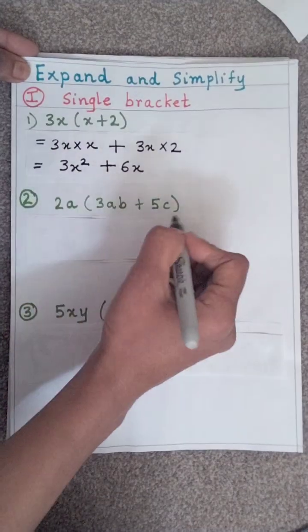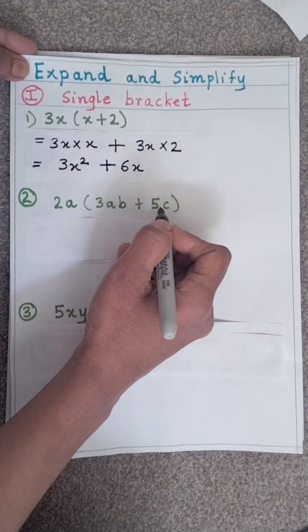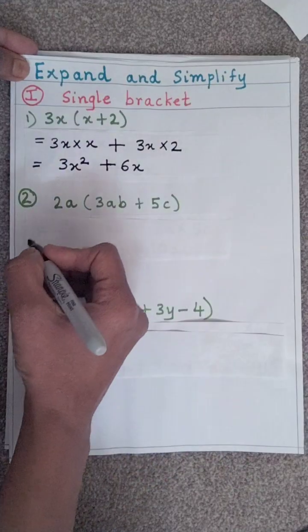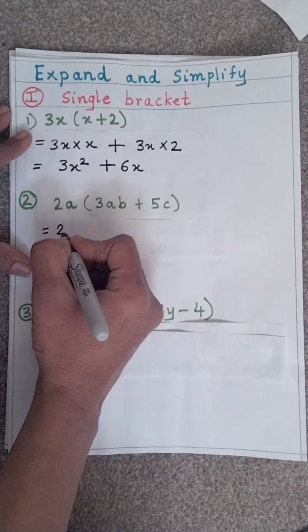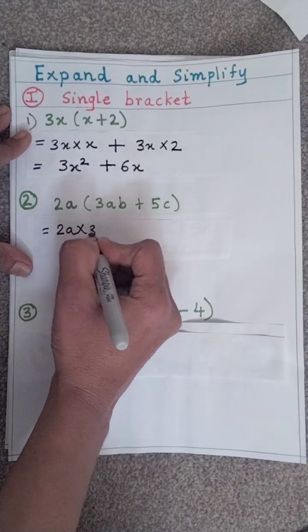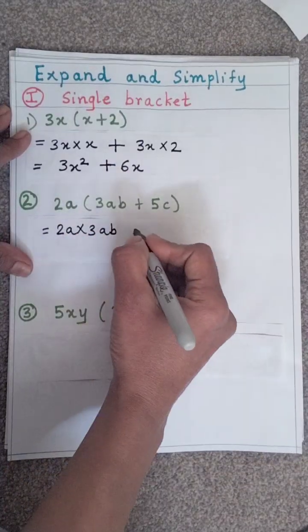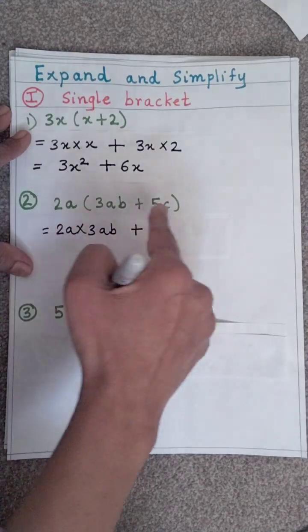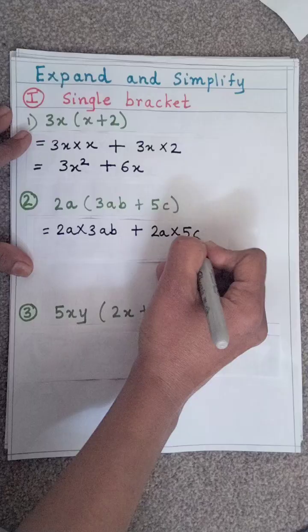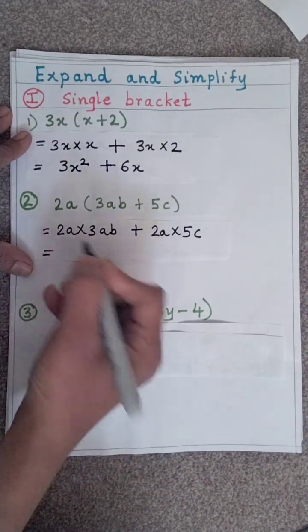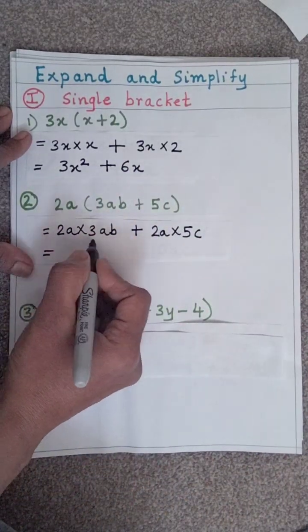Now another question. 2a and in bracket 3ab plus 5c. So there is a single bracket here. Put an equal to sign. 2a times 3ab, then put this plus sign, 2a times 5c. Put an equal to sign. Now there are numbers here.